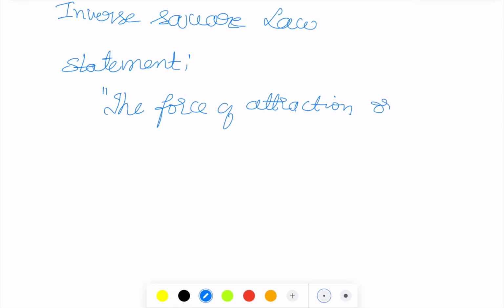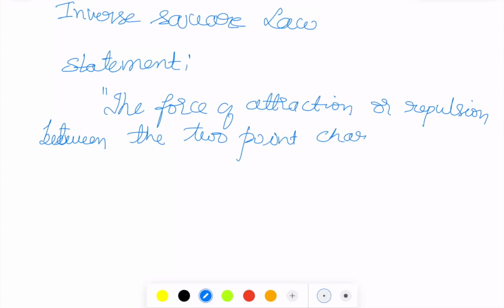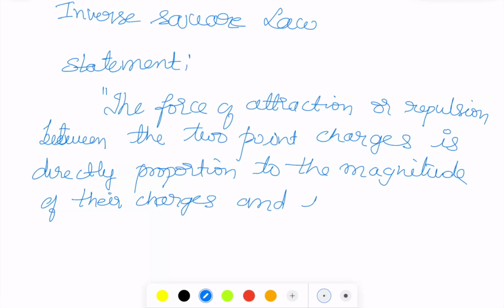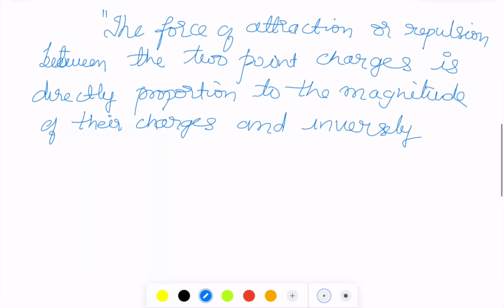between the two point charges is directly proportional to the magnitude of their charges, and inversely proportional to the square of the distance between them.